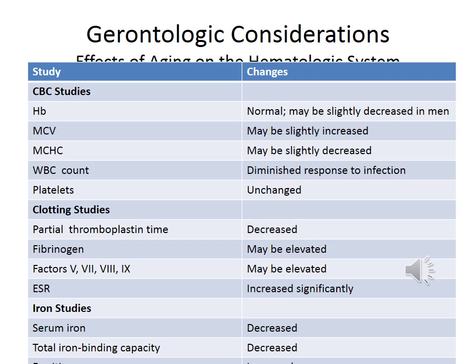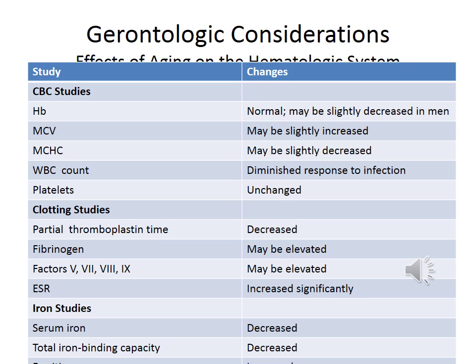Iron absorption is not impaired in the older patient, but adequate nutrition intake of iron may be decreased. It is essential to assess for signs of disease processes such as GI bleeding before concluding the decreased hemoglobin levels are caused solely by aging.